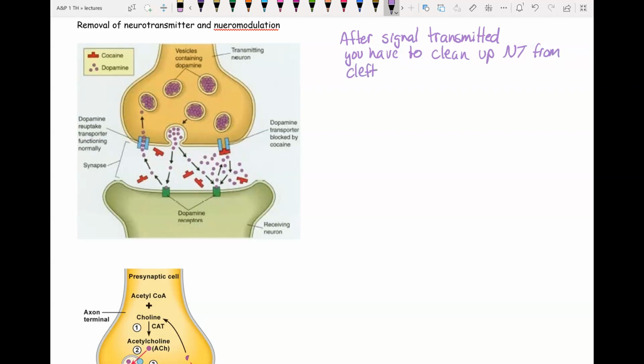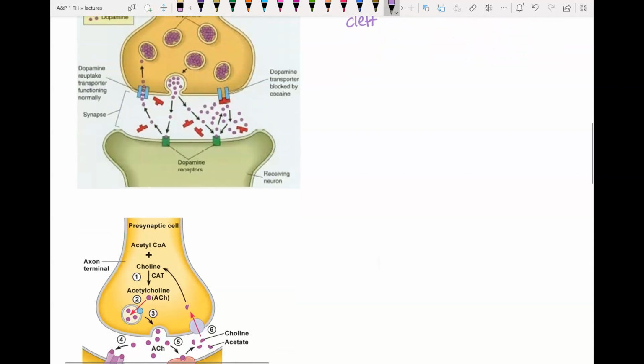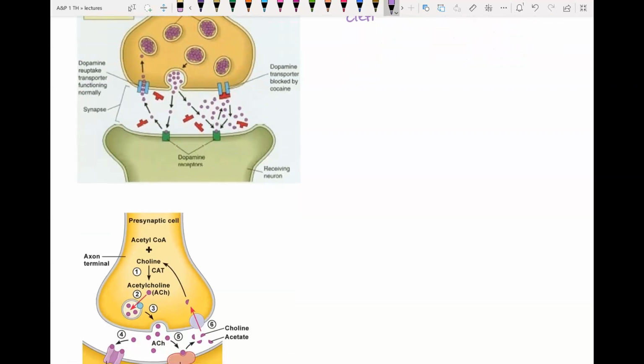There's two ways to clean up that neurotransmitter from the cleft. This way is showing reuptake. So this is where you have transport proteins that will move the neurotransmitter back into the knob.